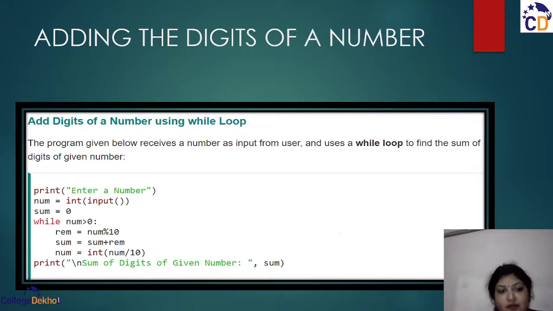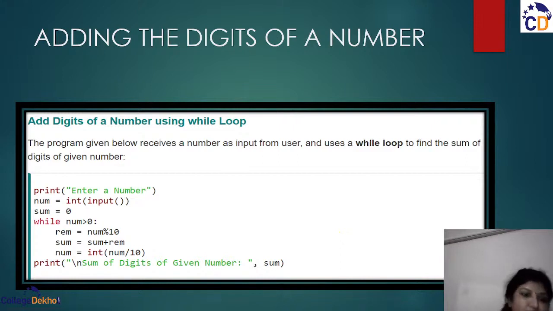For example, while number is greater than 0, then colon. I told you after if you need to mention a colon, and after else you need to mention a colon. Now the remainder part you have taken. How? The last digit: you need to extract the digits. You need to separate the digits in a given number. So suppose it is 45. Now you take the remainder when divided by 10.